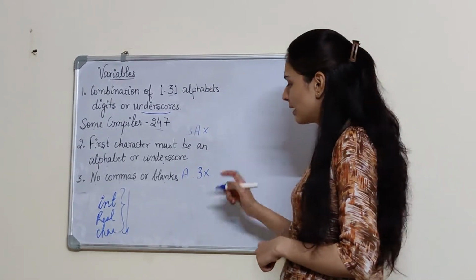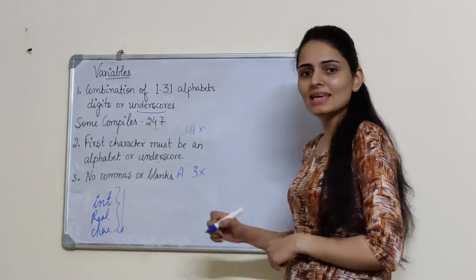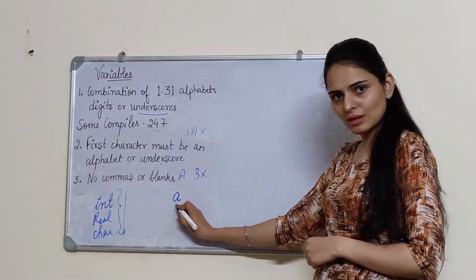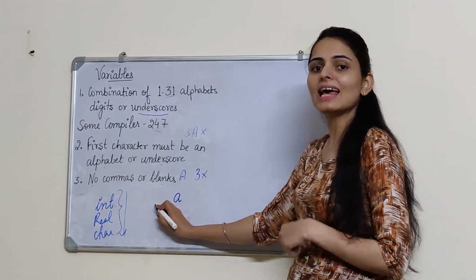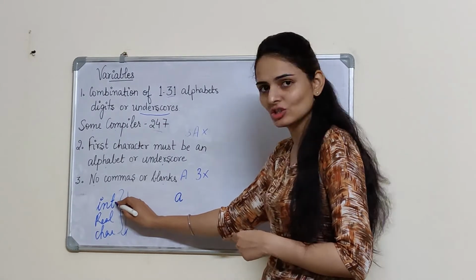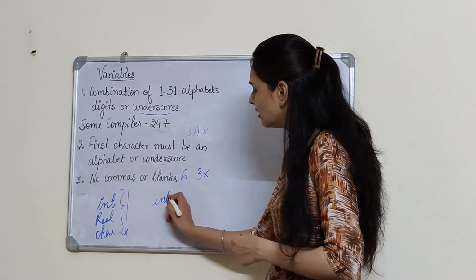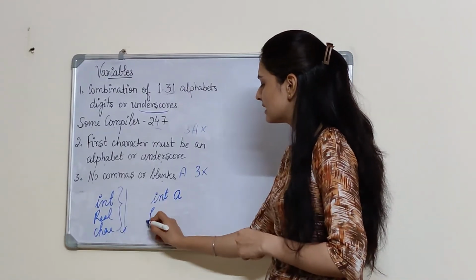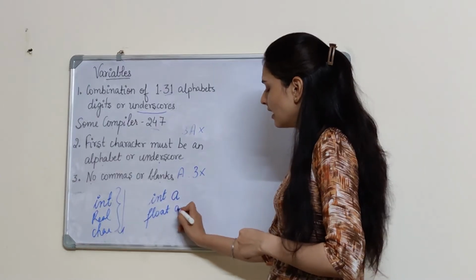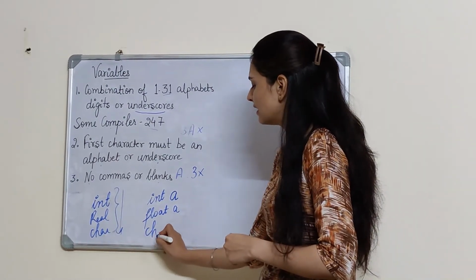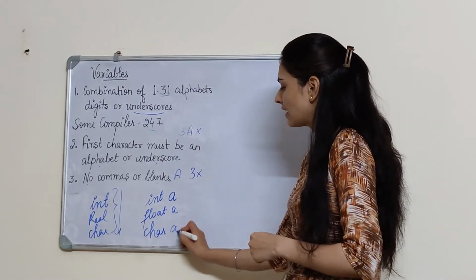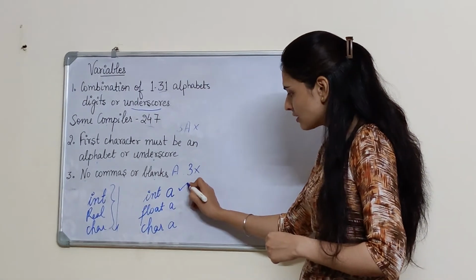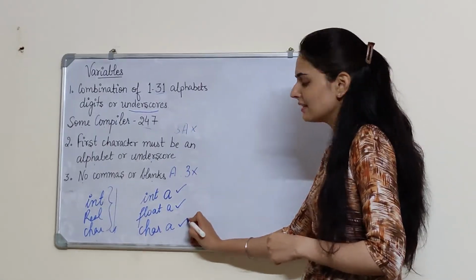That can be known because the C compiler makes it compulsory that the variable name is preceded with the type of variable. That means if it is an integer type of variable, it is preceded with the int word, and if it is a real type of variable, then it is preceded with float, and in case of character variable, it is preceded with char. So this signifies that this variable is of integer type, this is of float type, and this is of character type.